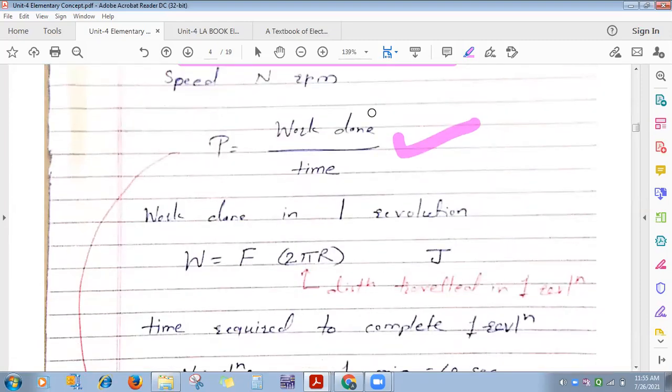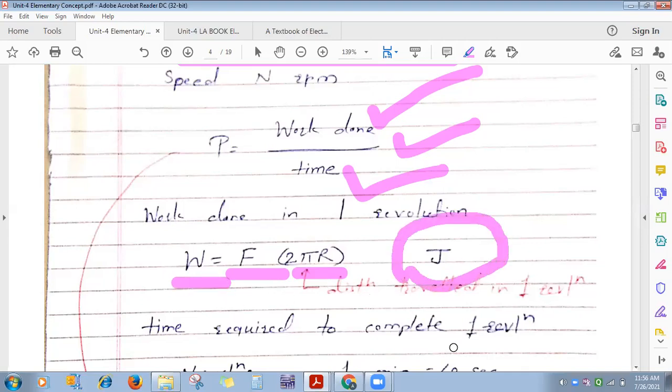That we will calculate first, work done and time, for 1 revolution. The force you apply is F, the radius is capital R, so the circumference is 2 pi R. In 1 revolution, the distance the pulley travels is equal to its circumference. So F into 2 pi R will be the work done in 1 revolution.